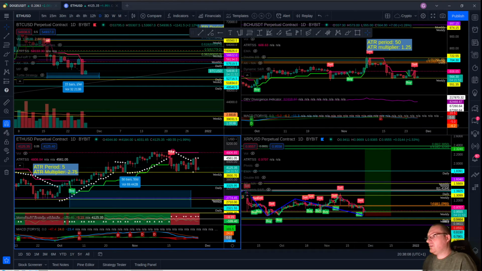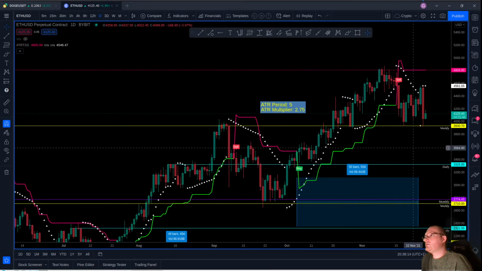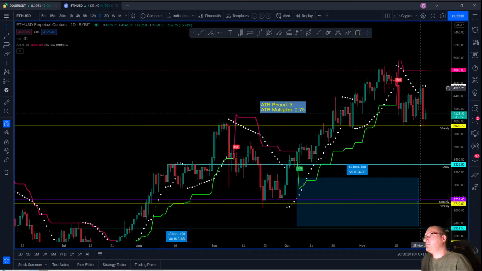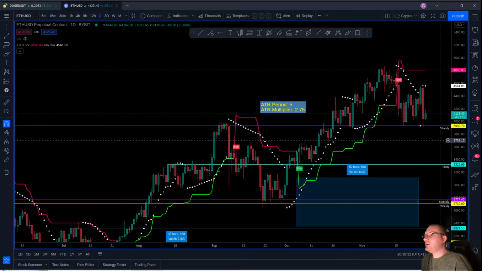Then we have Ethereum. Also here, sell signal. Then we pushed up, but not high enough to get over the trigger line. And then yesterday, almost minus 11%, found support at the weekly.